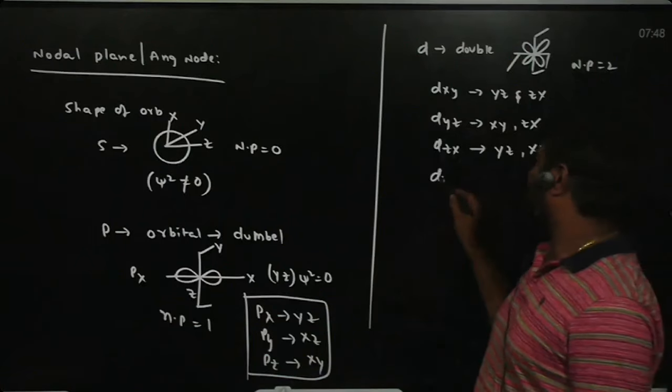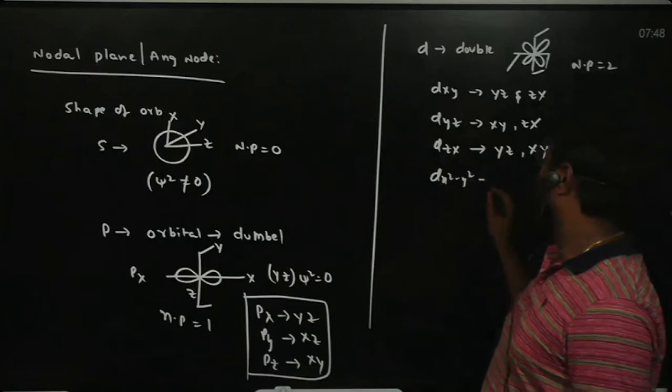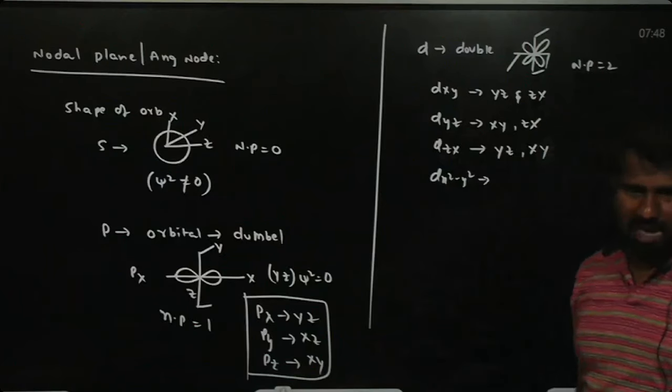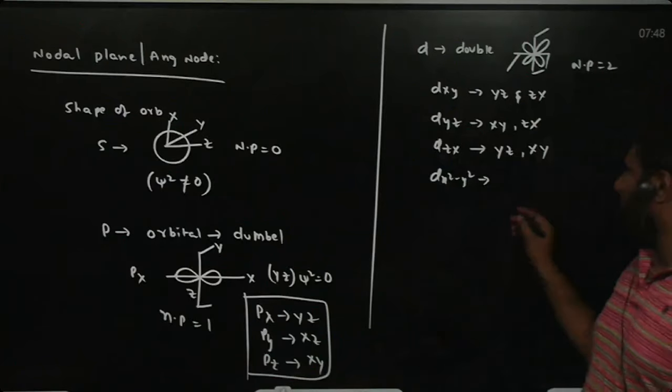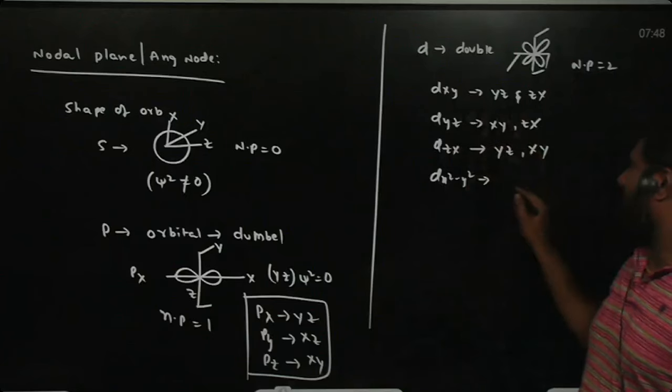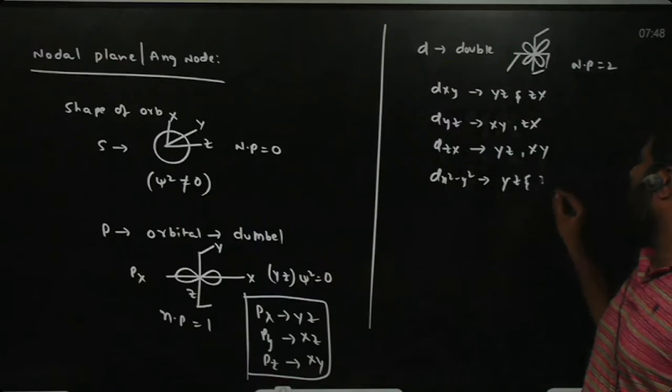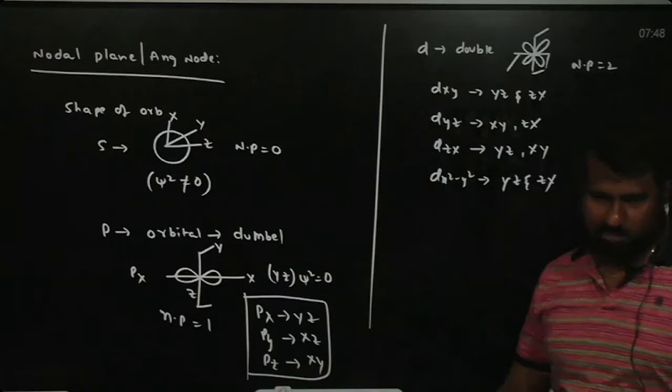For dx square minus y square, same thing like dxy, the yz and zx planes.